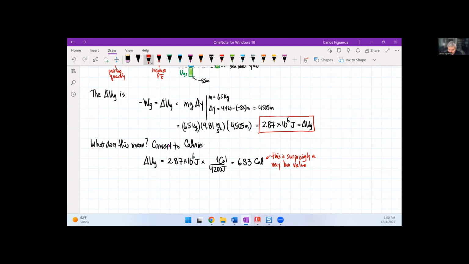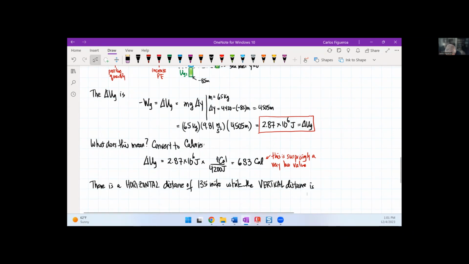And the way we really look at this is that you have to remember there is a horizontal distance of 135 miles, while the vertical distance is, what was it? I think I said it was 2.8.